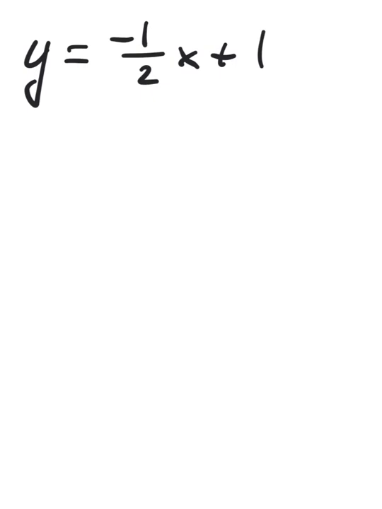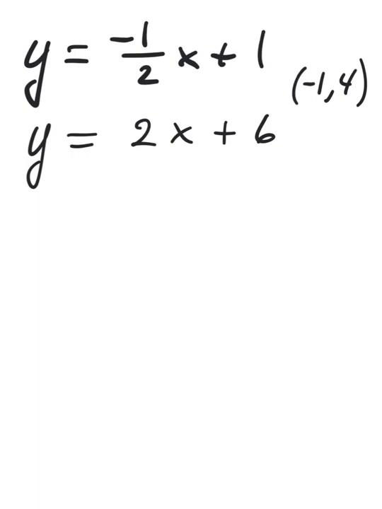Once we went through our process, we found the line that was perpendicular to that was y equals 2x plus 6. And let's also remember our point given was negative 1, 4. Both lines are supposed to pass through this point, and they're also both supposed to intersect each other somewhere at a 90-degree angle. Let's see if that happens.